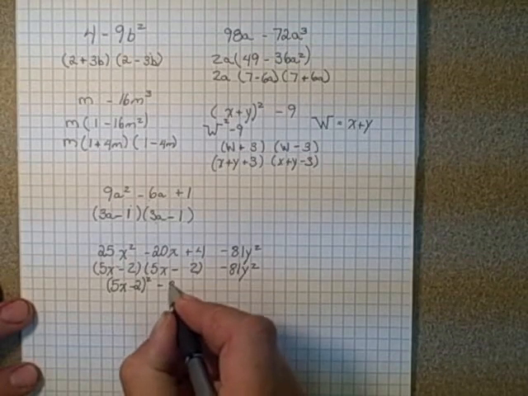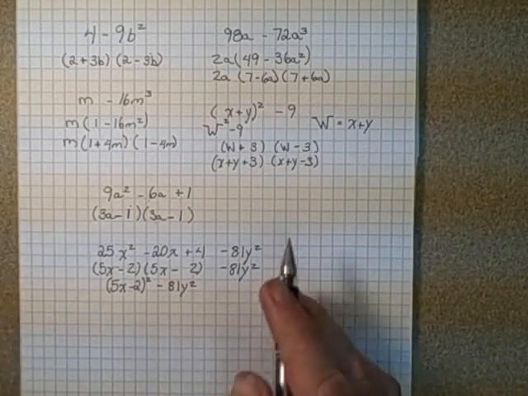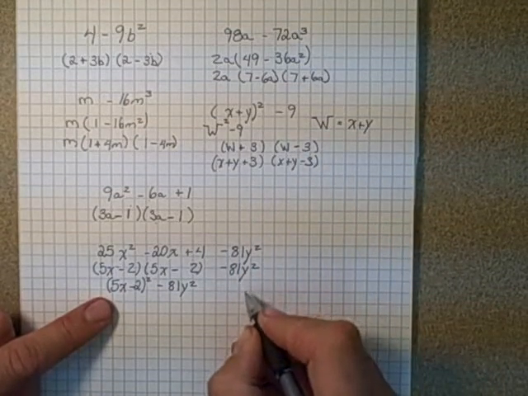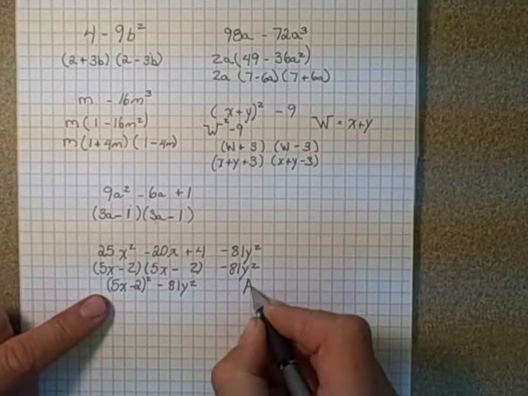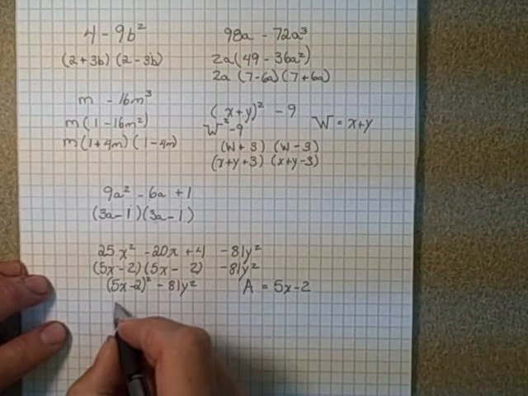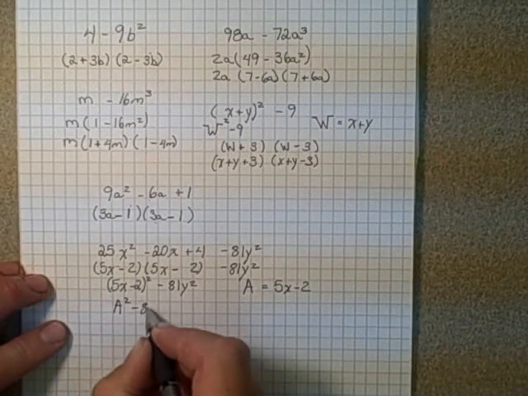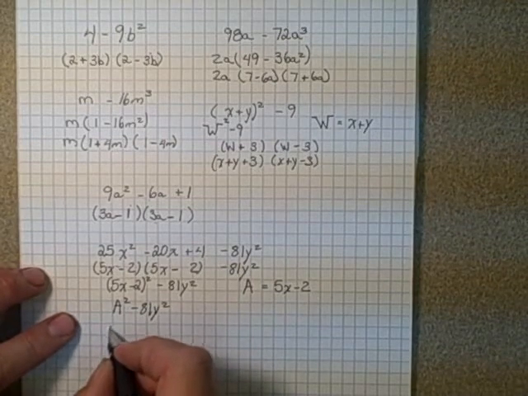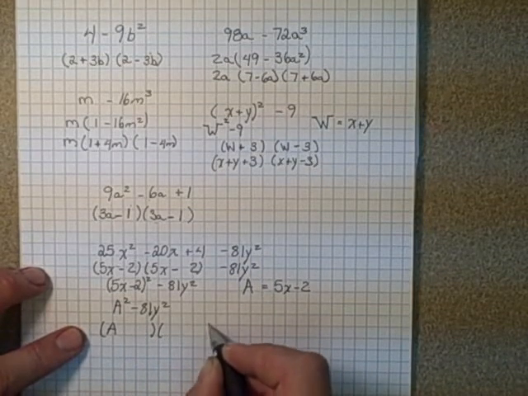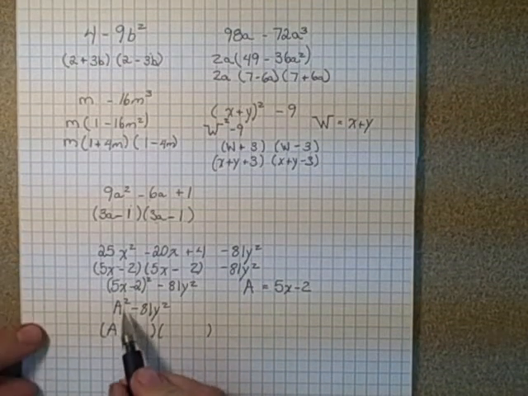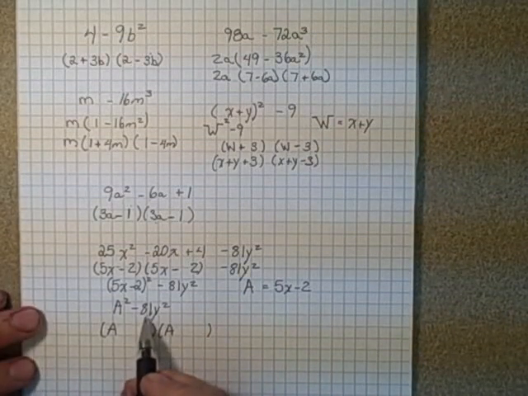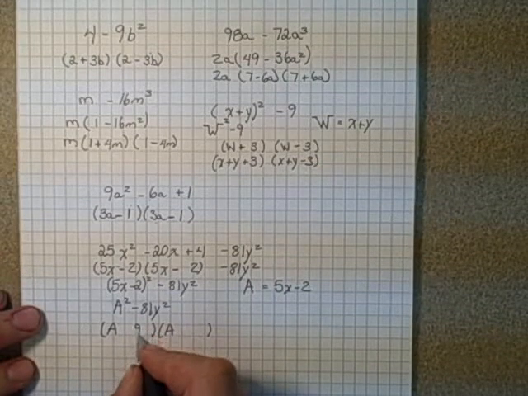So then we have an example that is similar to this example that we did up here. So we can use a capital W or another capital letter. I'm going to use a capital A this time to equal the 5x minus 2. So we go A squared minus 81y squared. The perfect root of A squared is A. So we have A and A there, and we take the square root of this to get 9y.